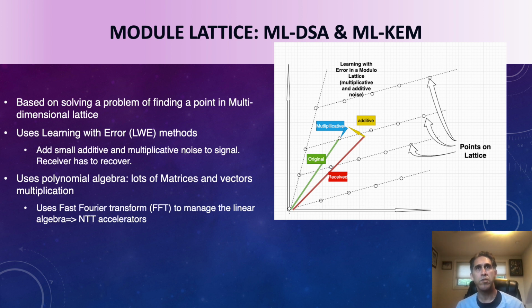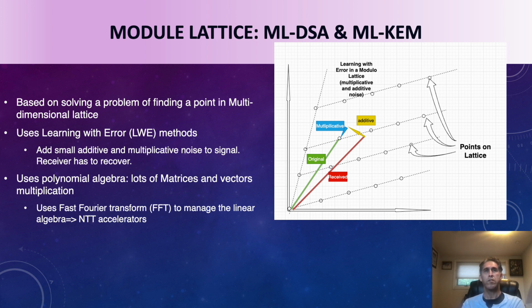So a lot of times when you see performance numbers for these algorithms from your vendors, these are sort of average numbers, because there's a lot of things you have to do with this additive and multiplicative noise. There is a lot of polynomial algebra. And as I mentioned, these are all high dimensional domains.